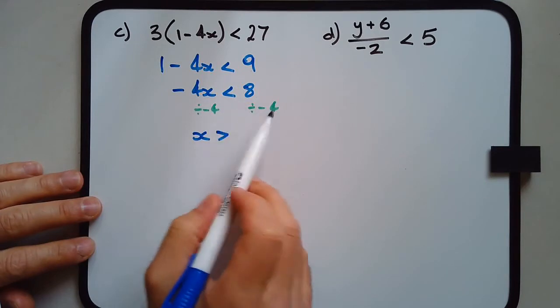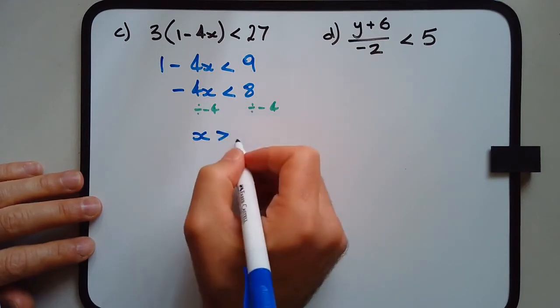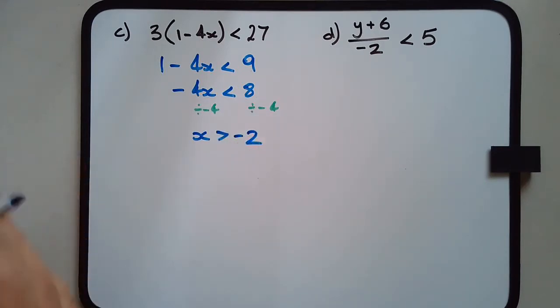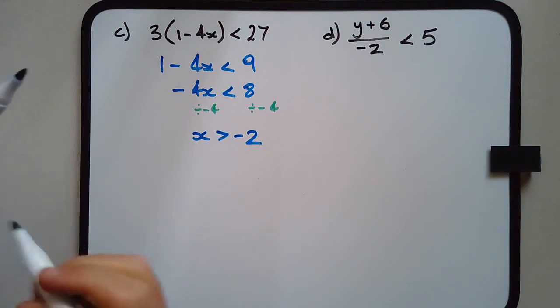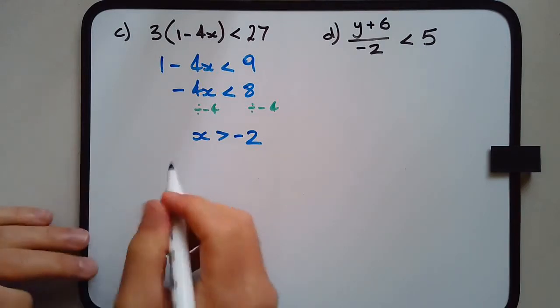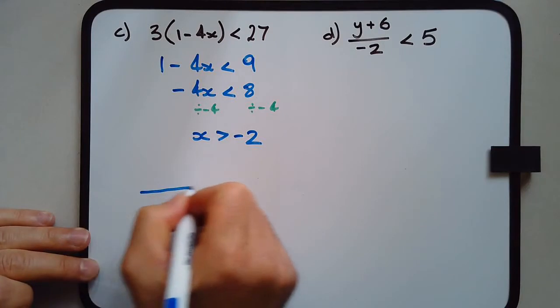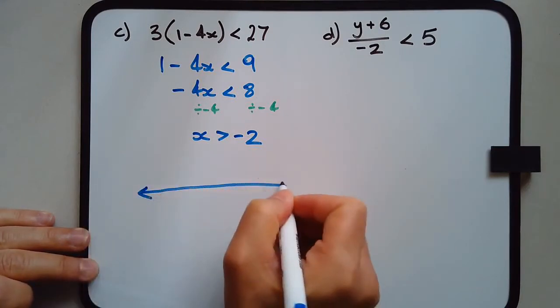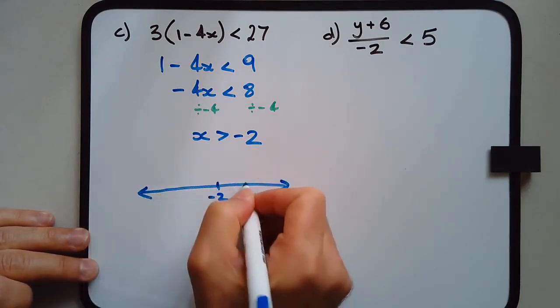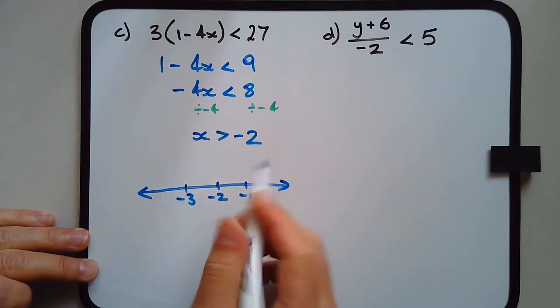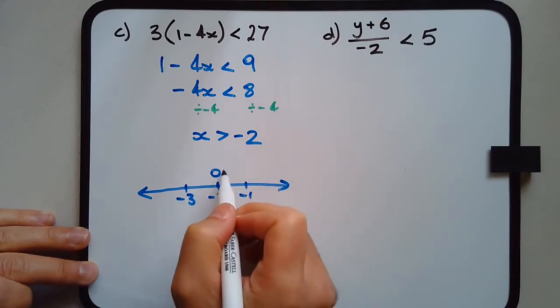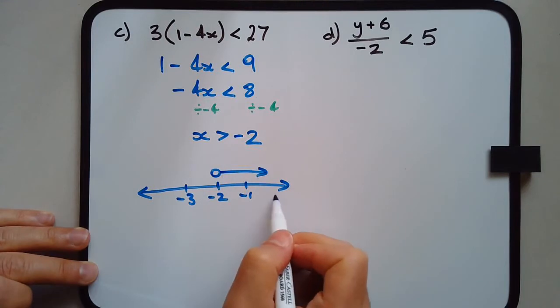And 8 divided by negative 4 is negative 2. And on a number line, negative 2, negative 1, negative 3, open circle again, and the arrow now to the right hand side.